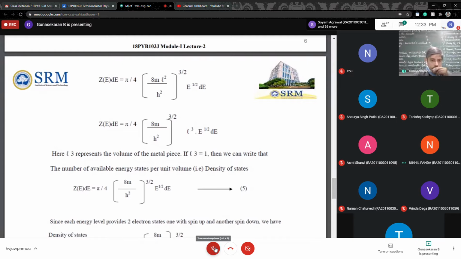So why do I multiply by 2? Because each state gives 2 available electron states, but we do not know whether it is plus or minus. Anyway, definitely 2 states are available, the plus state and the minus state. So that's why I multiply by 2. Equation 5 multiplied by 2 gives the density of states for both spin up and spin down. Is it correct?